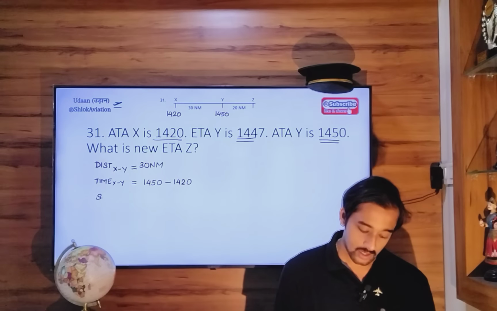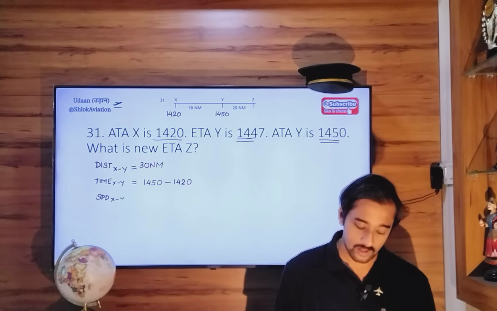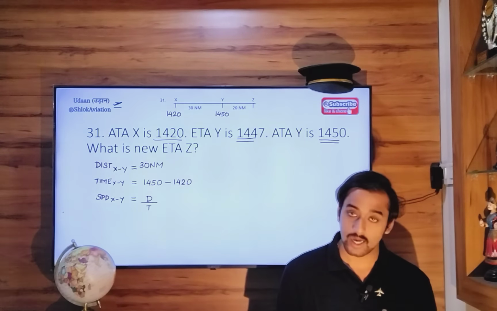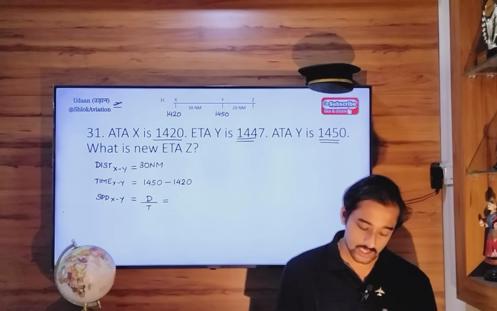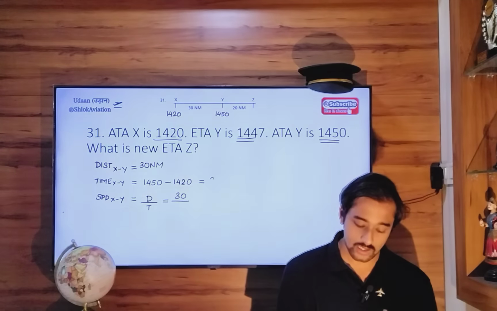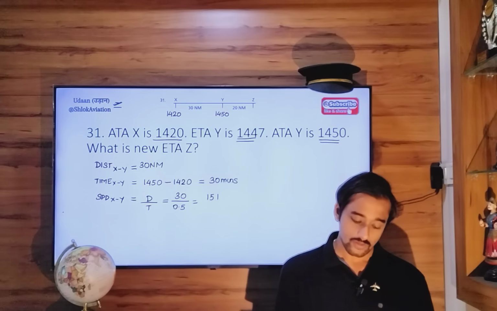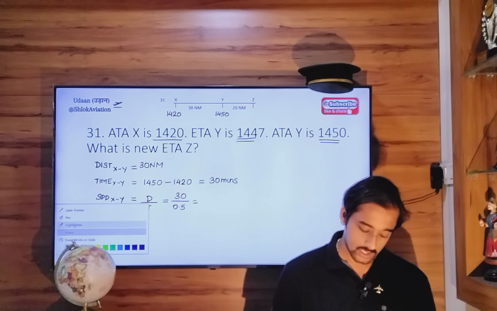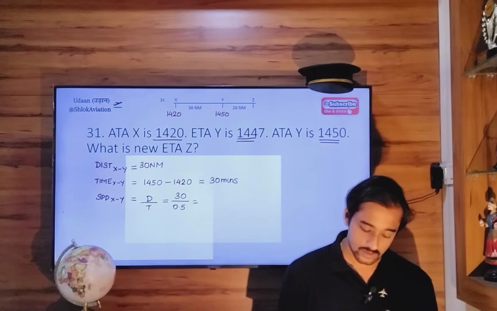Now speed between X to Y will be equal to distance between X to Y by time. So distance is 30, time is 30 minutes, so 0.5 hour, that is nothing but 60 knots.